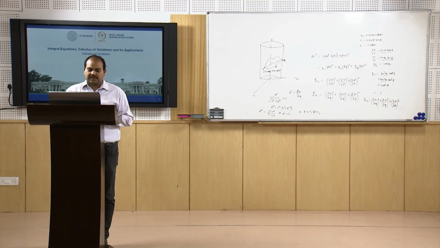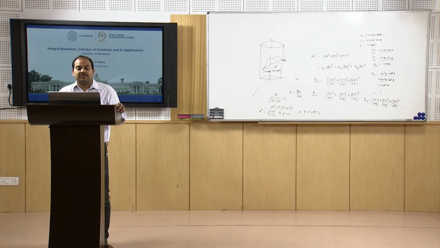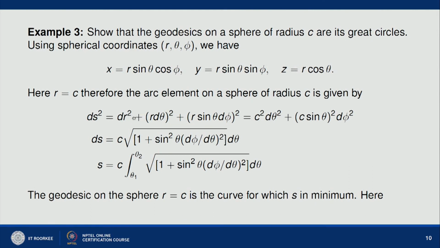We have calculated that ds square is equal to dr square plus r d theta whole square plus r sin theta d phi whole square. Now as we have taken the radius as constant, given as c, dr is 0, and so ds square is c square d theta square plus c square sin square theta d phi square.